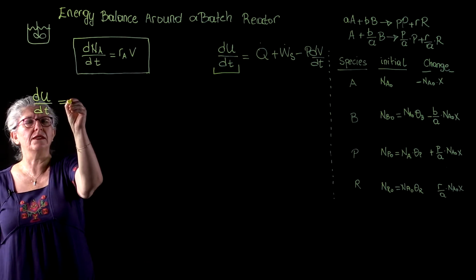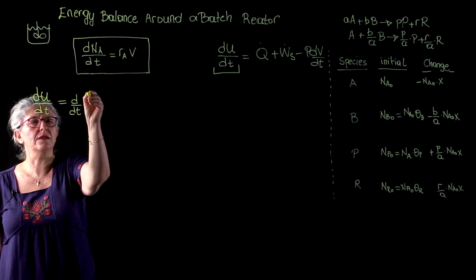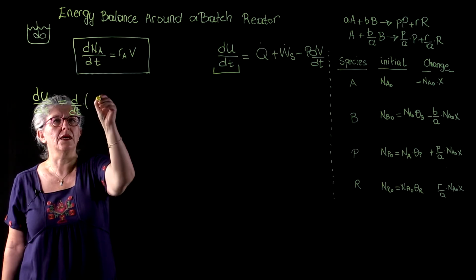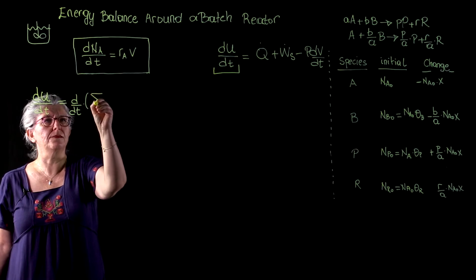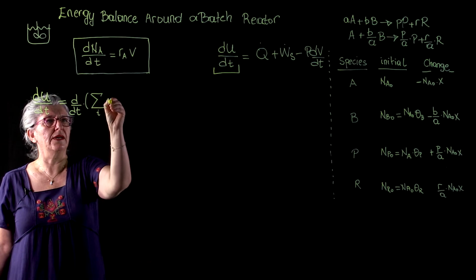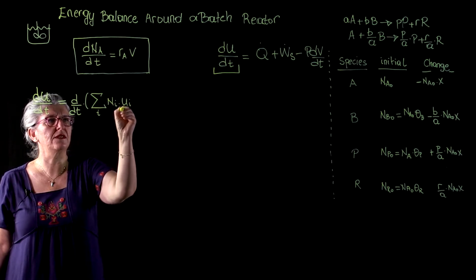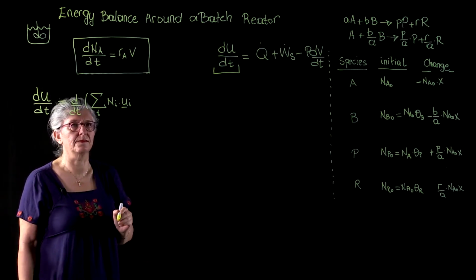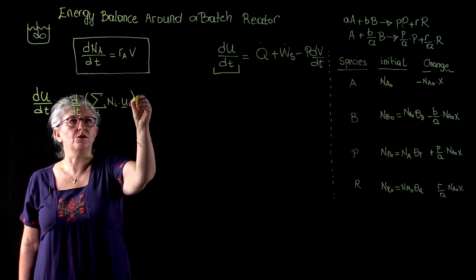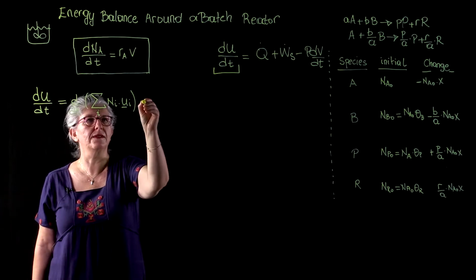It is d/dt times the summation over all the species of N_i times u_i. This is the internal energy. We're going to take the derivative of this.